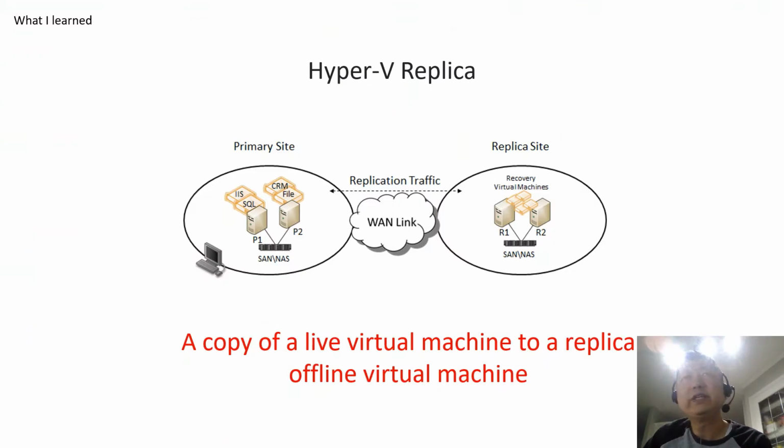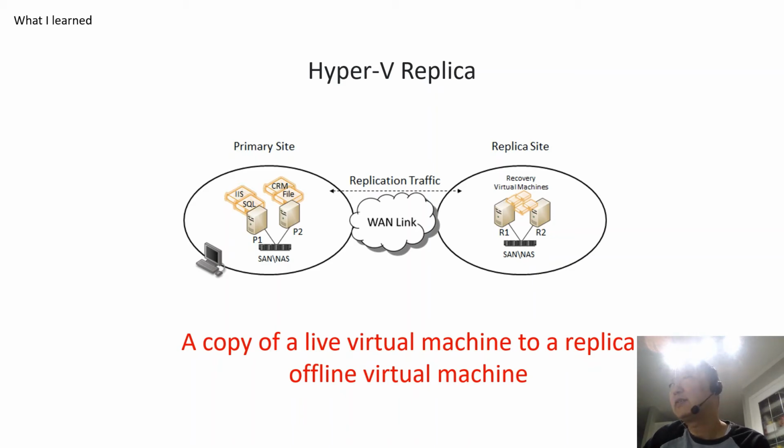Next, Hyper-V Replica. Hyper-V Replica contributes to our disaster recovery strategy by replicating virtual machines from one Hyper-V host server to another to keep our workload available. Hyper-V Replica creates a copy of a live virtual machine to a replica offline virtual machine. What is the difference between Hyper-V Replica and Hyper-V clustering?